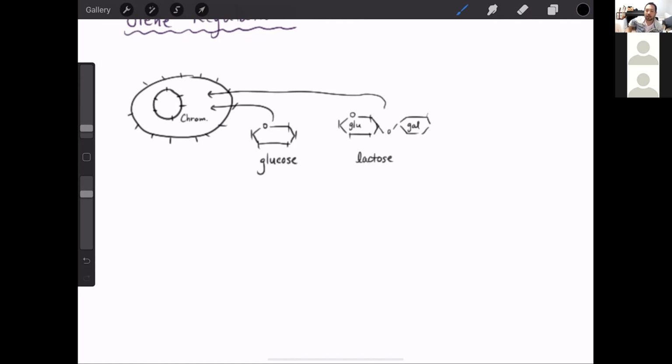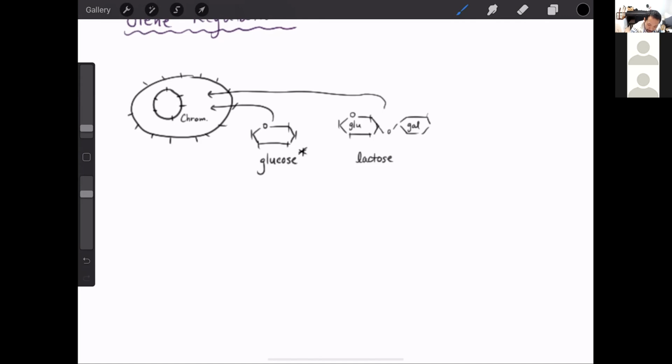So this could also be consumed and processed by E. coli. But if E. coli were in front of these two different sugars and asked, what should I eat first? What do I prefer? Do you think it would prefer glucose, or lactose? Glucose. Yeah, but why is that, Daniel? Why would it prefer glucose instead of lactose? Lactose is hard to digest.